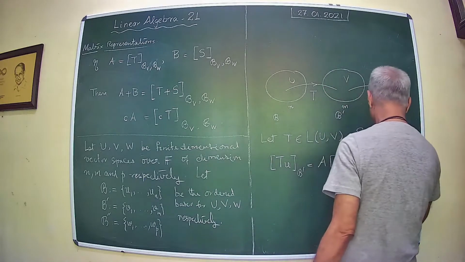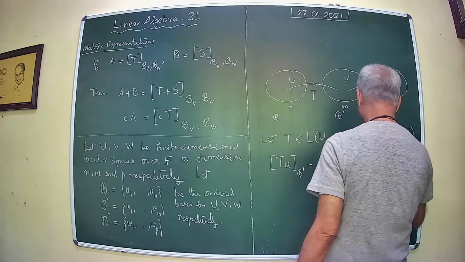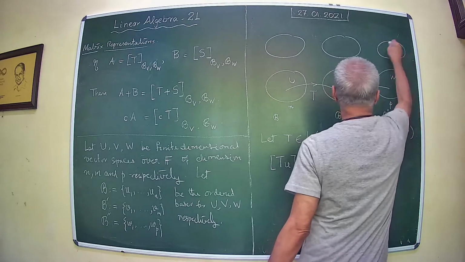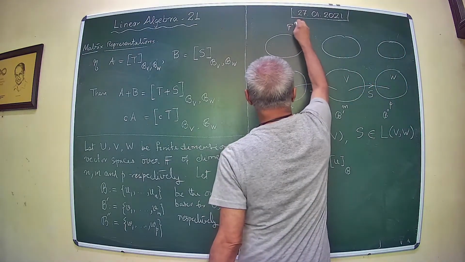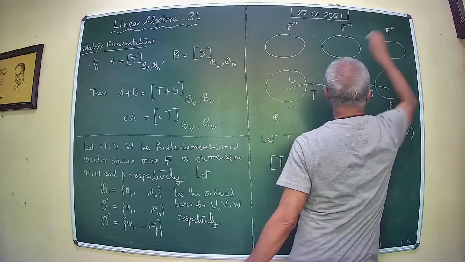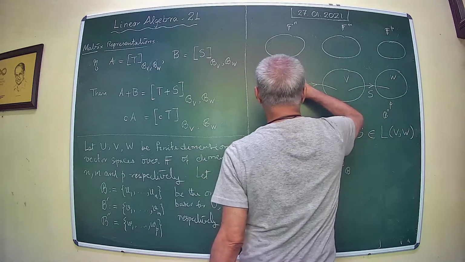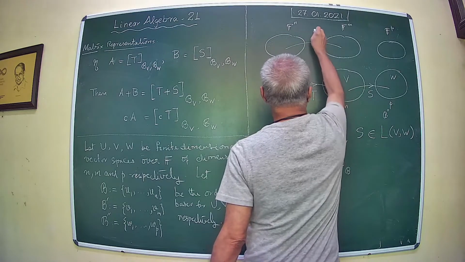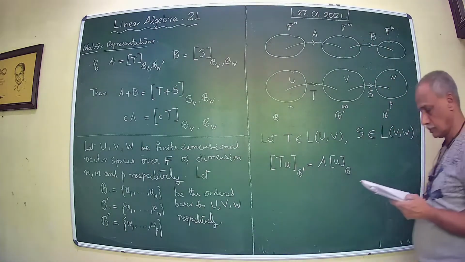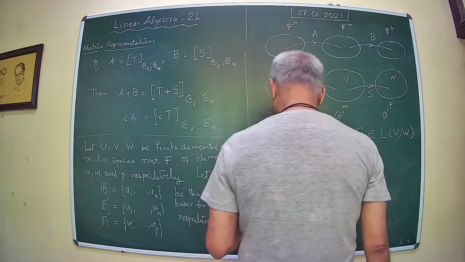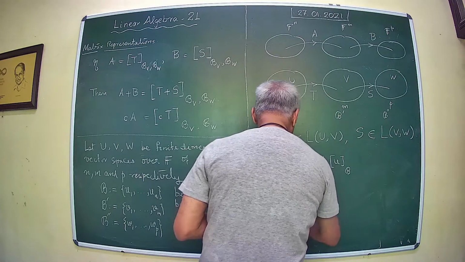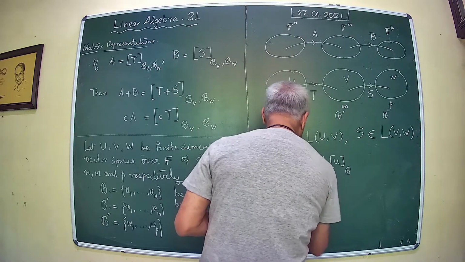A represents T. Then what we have is S of U, B double prime.